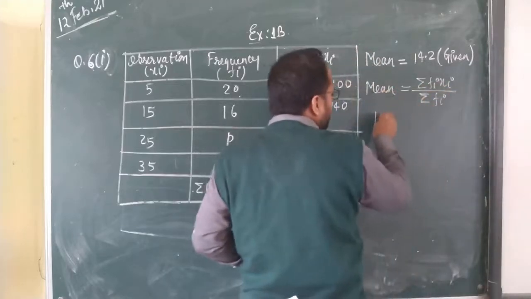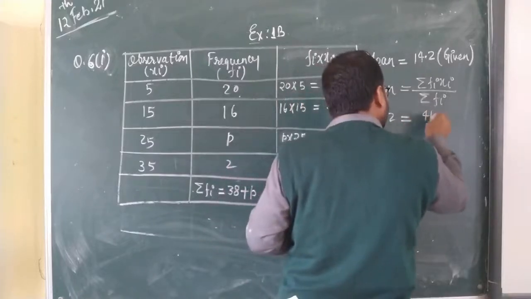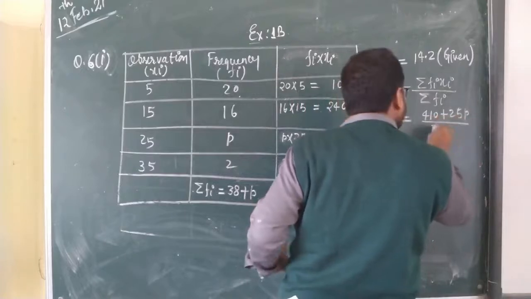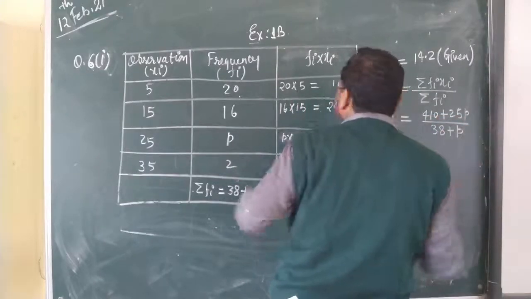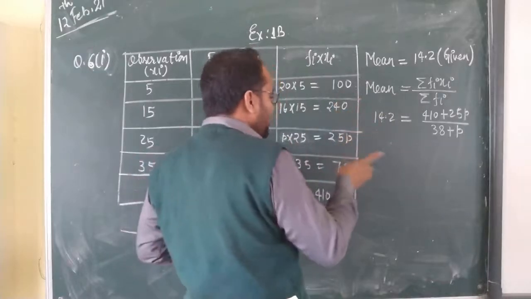So here the mean is given that 14.2, and this is 410 plus 25p upon 38 plus p. One more time you can check this one, 340 plus 70, 410.